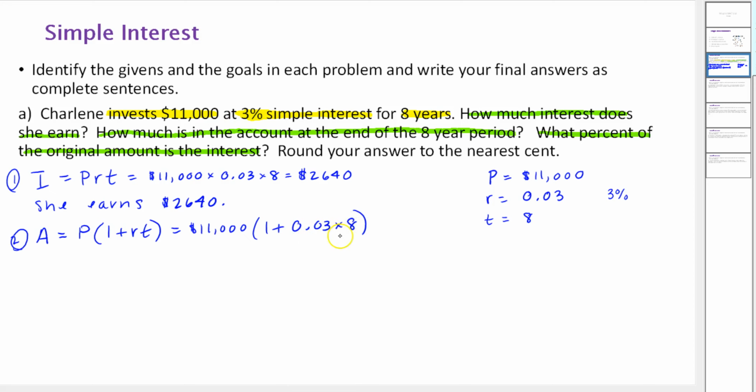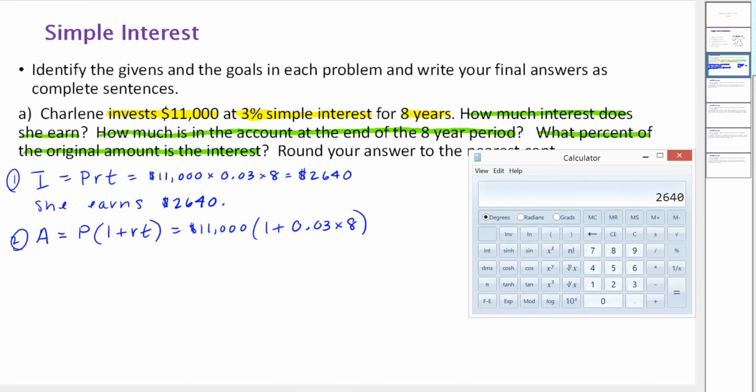And this expression is in parentheses, and we can have the calculator do that for us. So 11,000 times, open parenthesis, 1 plus 0.03 times 8. And now I'm taking a look up here to make sure it's all punched in correctly. And it is, and if we hit equals, we get $13,640.